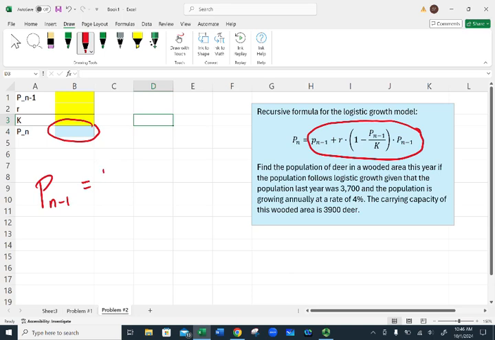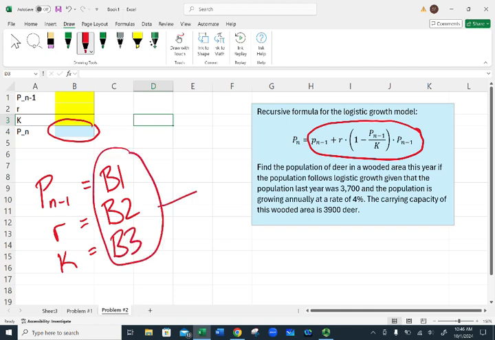That's going to be cell B1. And instead of R, I'm going to use the location B2. Now, it's not always going to be B1, B2, wherever you have it typed out on your Excel file, right? And then instead of K, I'm going to use the location B3. So I'm just going to take these 3, put them into the formula instead of those 3 variables, and that's going to go right here.